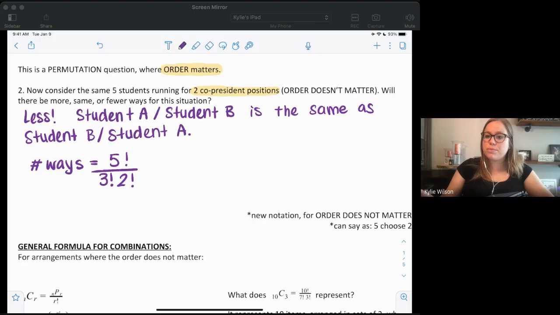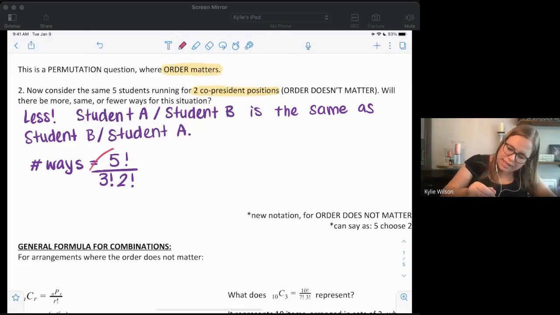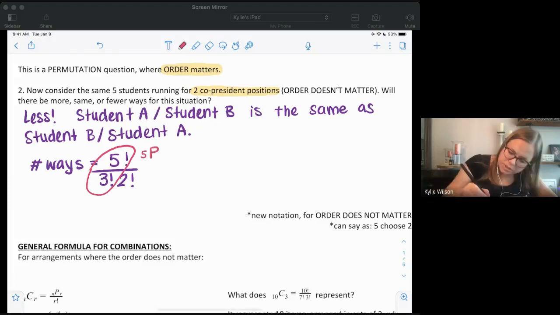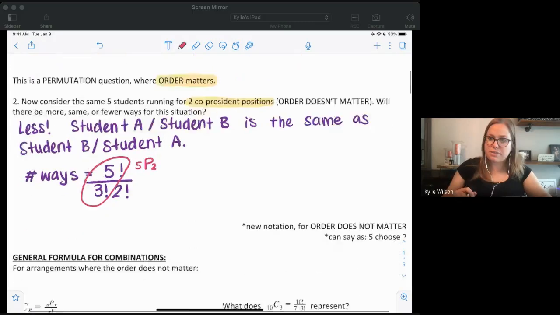Okay, so this situation is slightly different. If I look here, this 5 factorial divided by 3 factorial is 5 permute 2. That's the same thing as what we were doing before. So if you put that into your calculator, we will get the same answer as above.